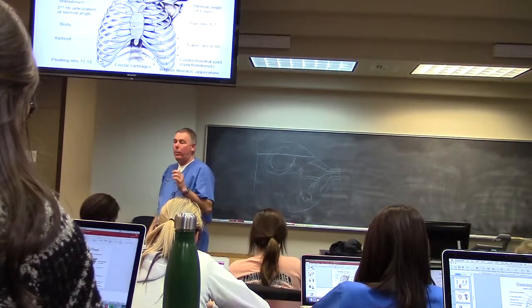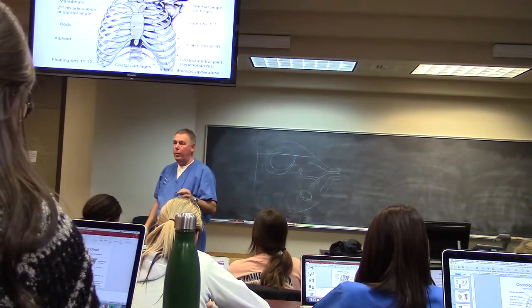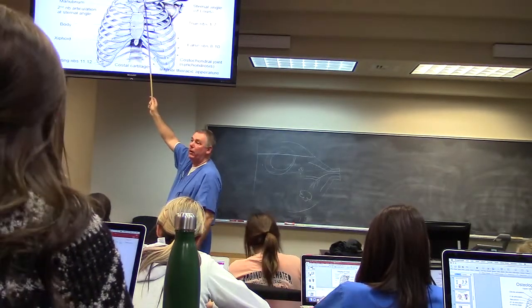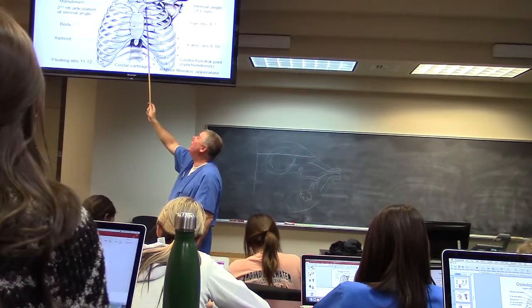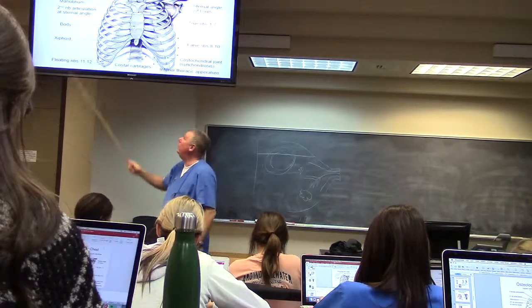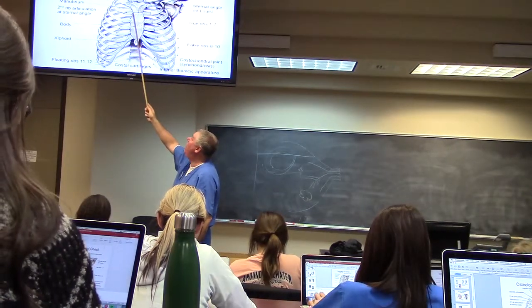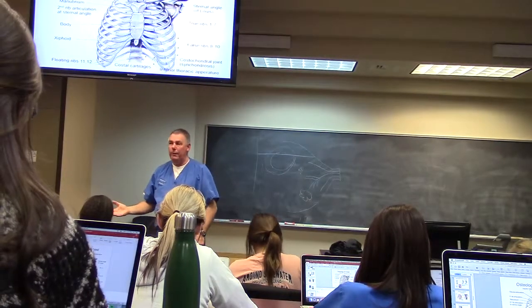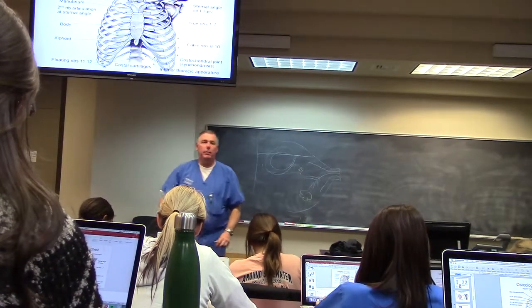The articular points of the manubrium are the clavicle, which is the most superior, and then the first rib comes in laterally, and the second rib attaches halfway between the manubrium and the body.